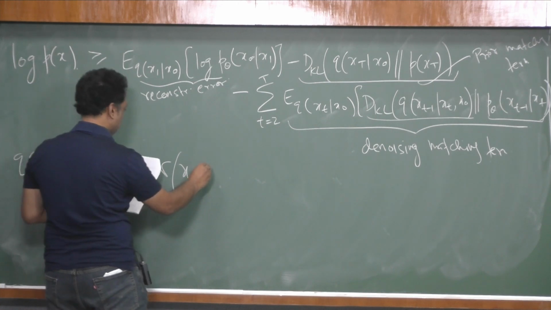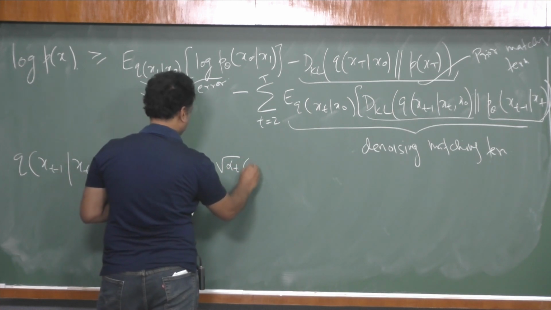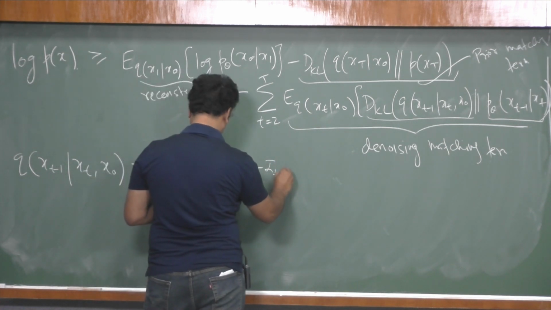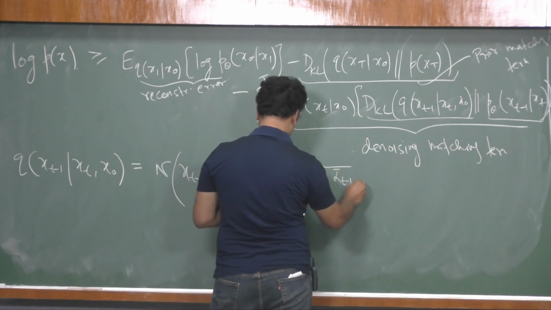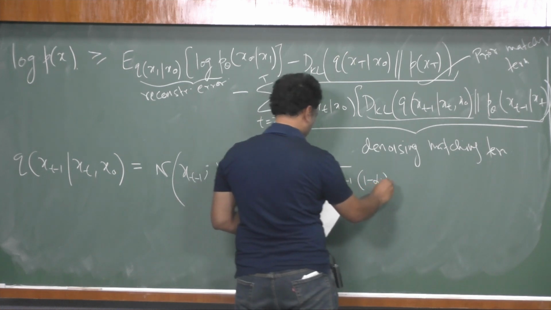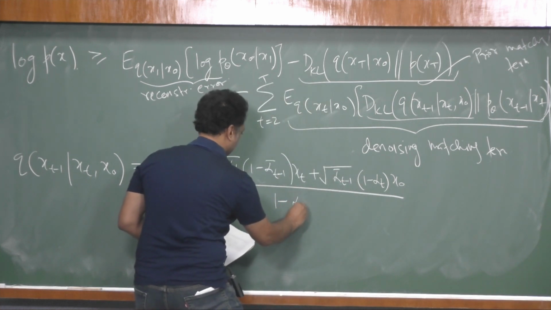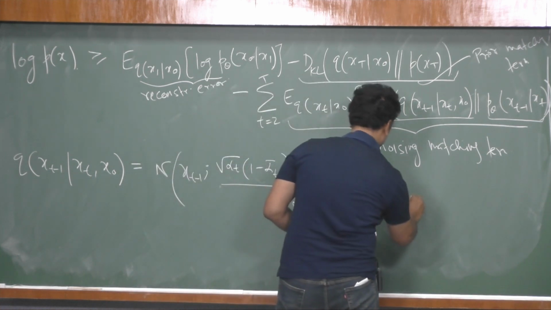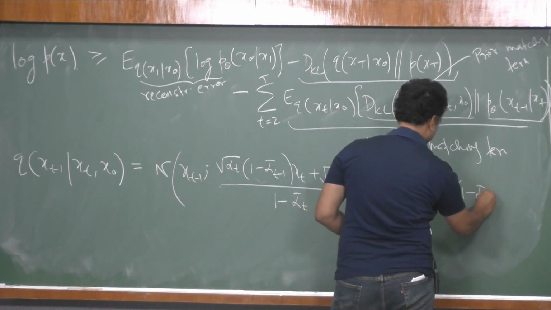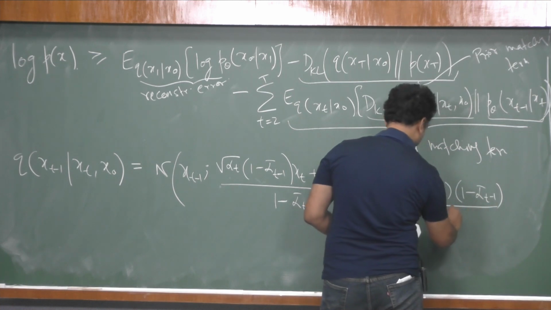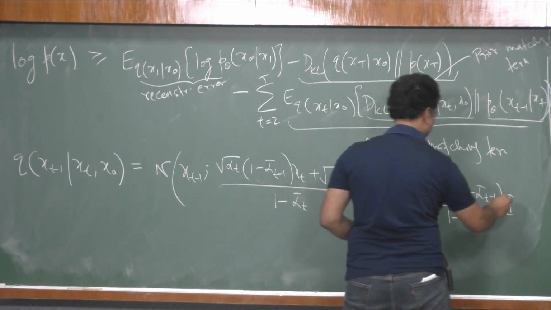So xt minus 1 is the sample, and the mean is given by sqrt(alpha_t)(1 minus alpha bar_{t-1}) xt plus sqrt(alpha bar_{t-1})(1 minus alpha_t) x0, all divided by 1 minus alpha bar_t, and then the variance term, which is (1 minus alpha_t)(1 minus alpha bar_{t-1}) divided by 1 minus alpha bar_t, times the identity.